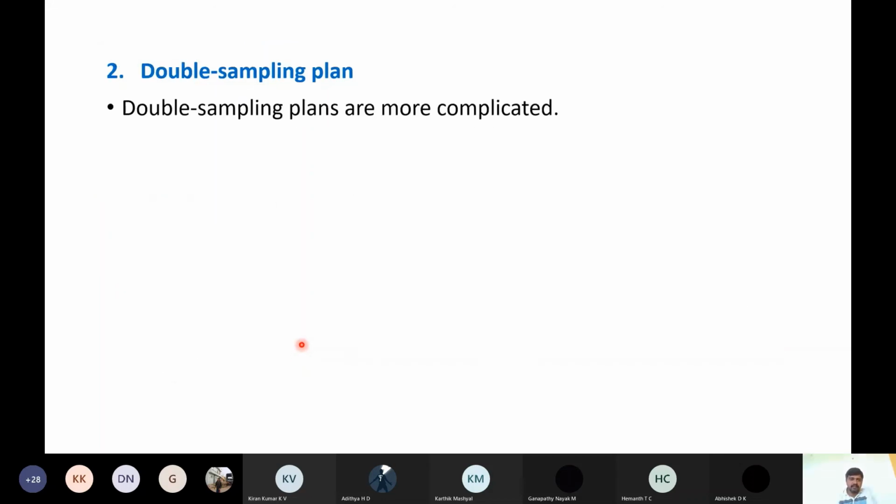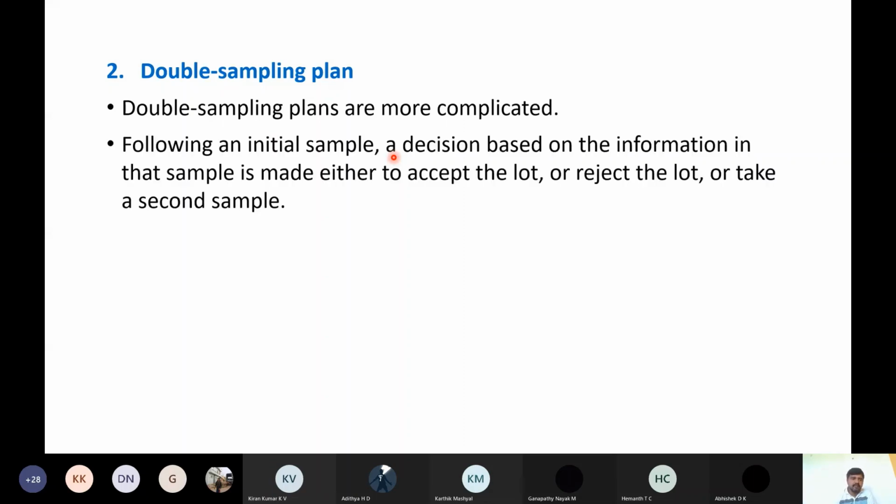Next, double sampling plan. Double sampling plans are more complicated because you are performing sampling twice to get a better understanding of the lot. Following an initial sample, a decision based on the information in that sample is made either to accept the lot, reject the lot, or take a second sample.